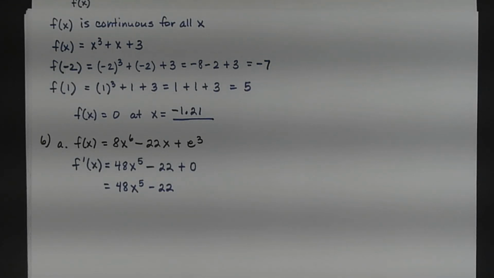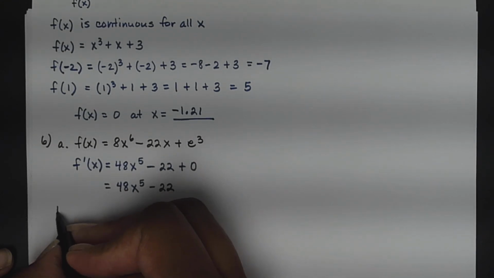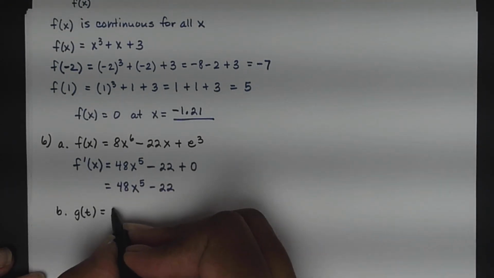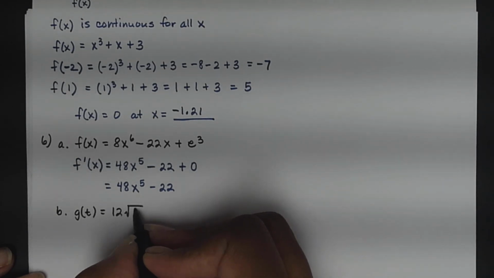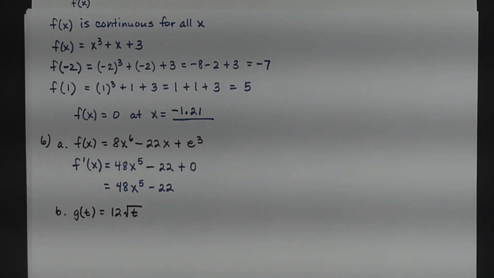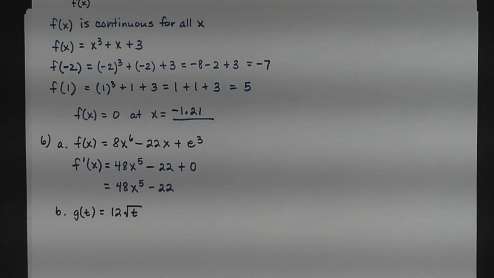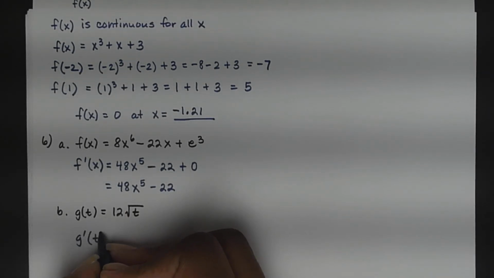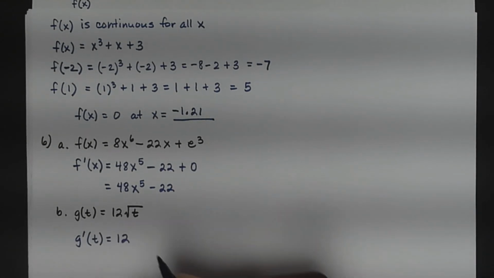All right, now part B, g of t is equal to 12 times the square root of t. And we just want to find the derivative of that. Well, g prime of t is this. I'm going to bring the 12 down.